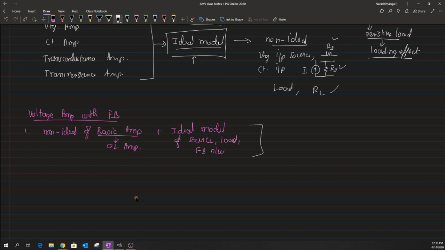The first is that the input and output impedances of the basic amplifier will have some changes. The input and output impedances of the closed loop amplifier, or the feedback amplifier, will certainly change in their values.